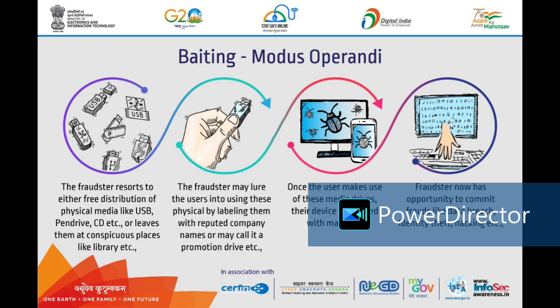So what exactly is the entry point that we need to establish? Modus operandi is very typical in selecting the entry point. Each criminal has his own modus operandi when it comes to identifying the entry point.